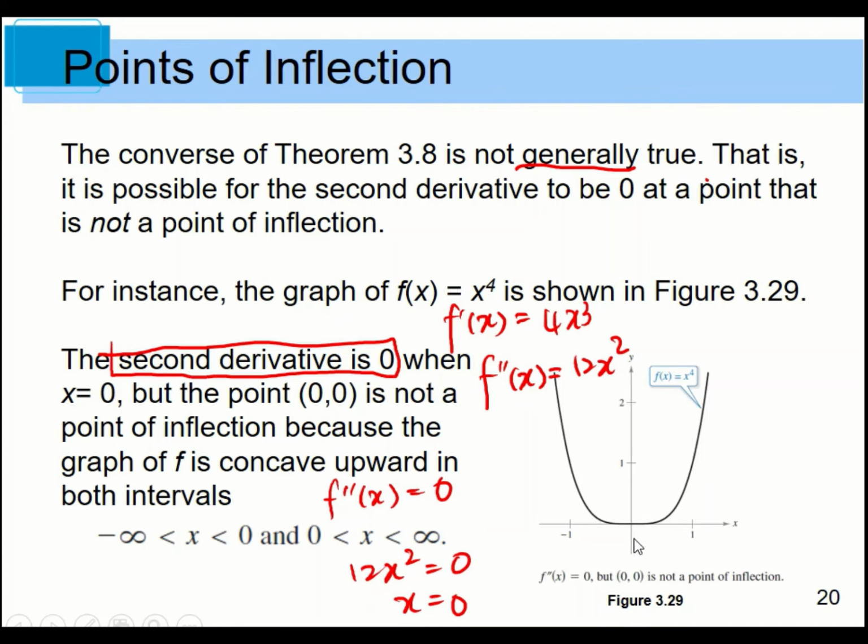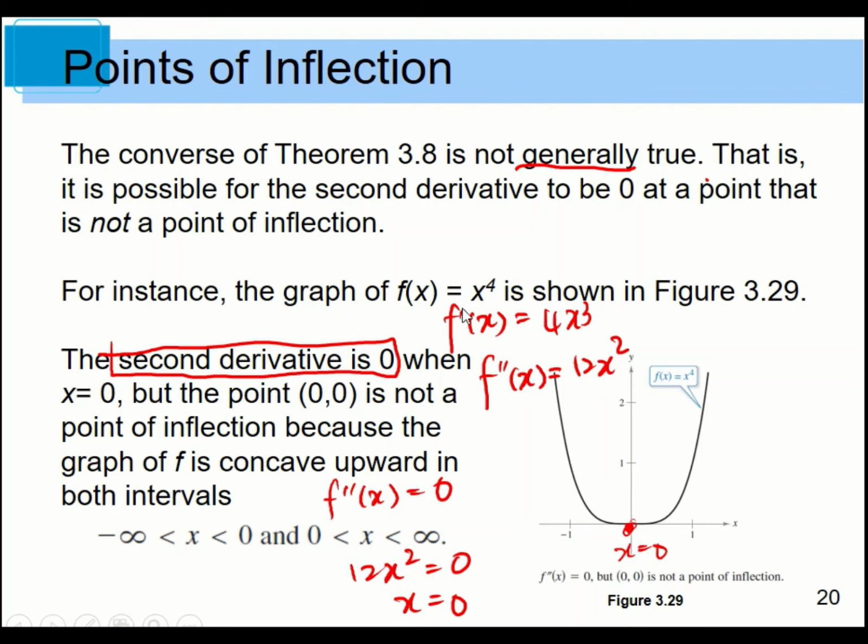However, at this point, if we sketch the graph when x is 0, this point is not an inflection point, because on the left-hand side the curve is concave upward, and on the right-hand side the curve is also concave upward. The concavity does not change here, so this point is not the inflection point.